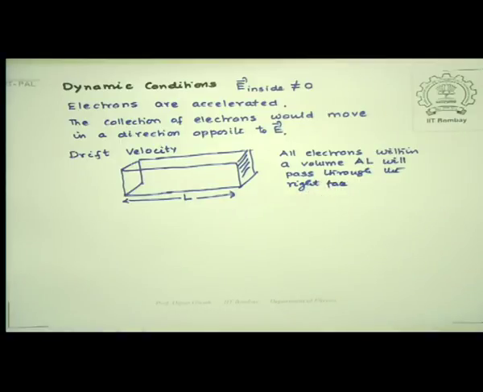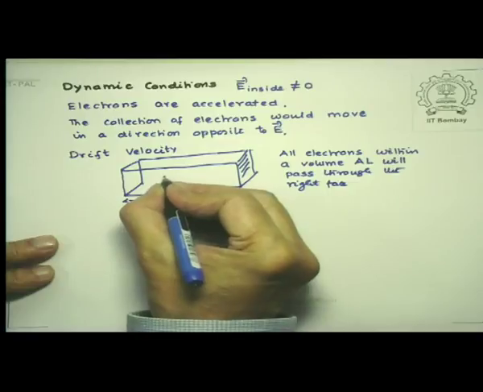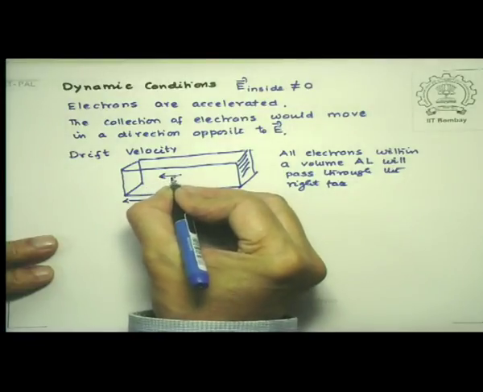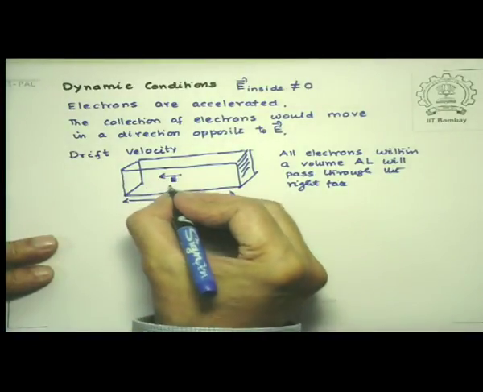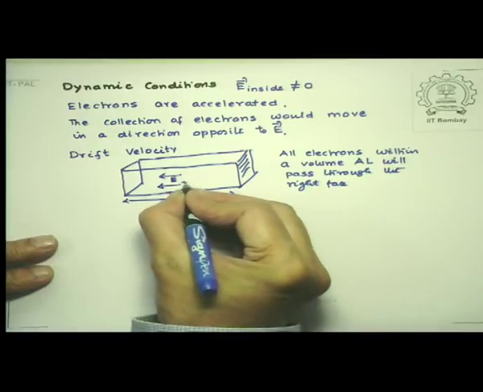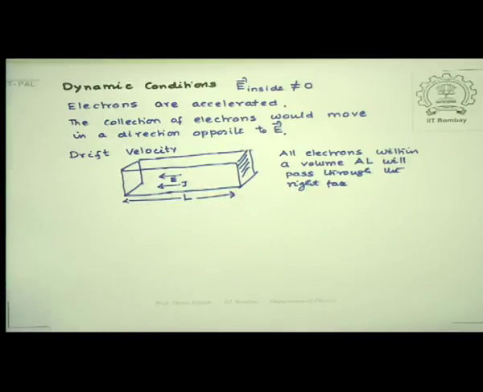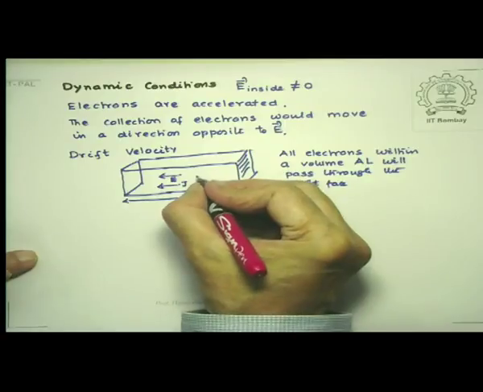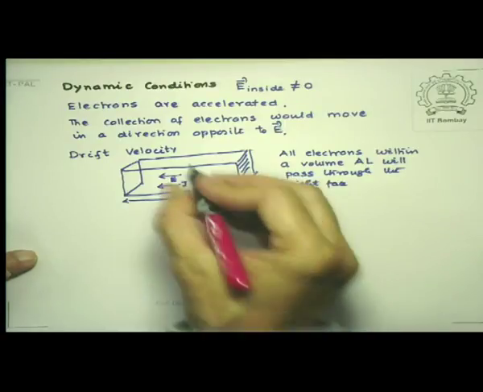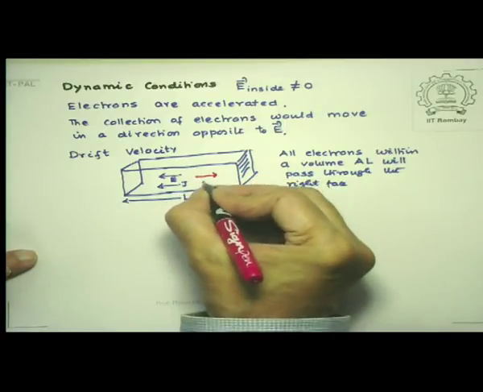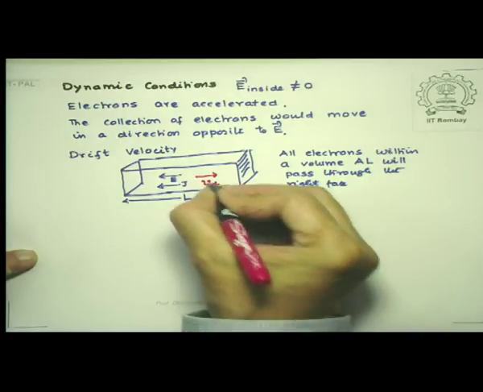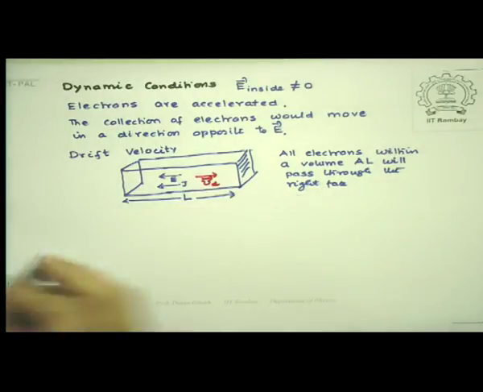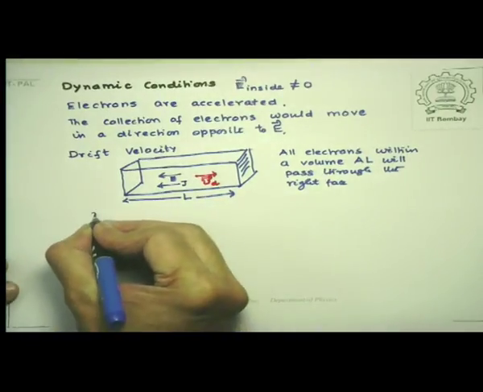Now in this picture, this is the direction of the electric field, which is also the direction of the current density. And the electrons are on an average moving towards the right, and that is the direction of the drift velocity, which we represent by Vd. Suppose n is my electron density.